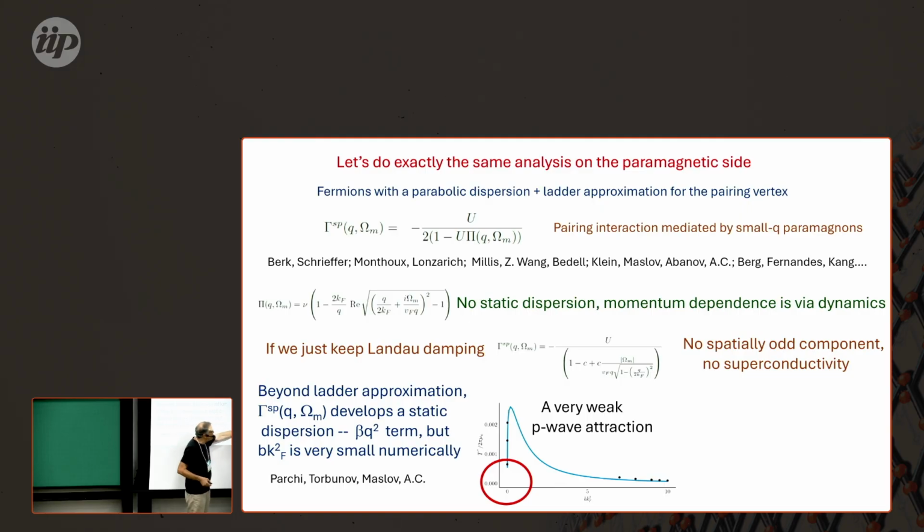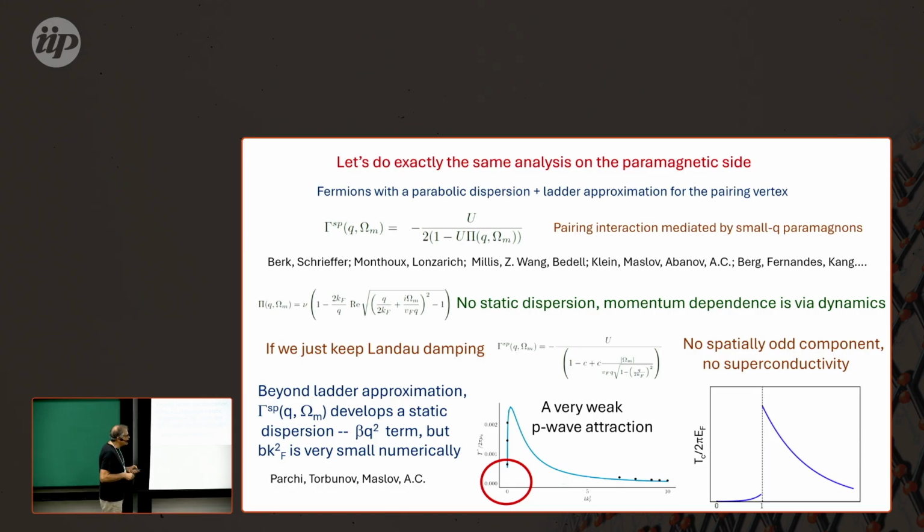By the way, the dots here are the result of numerical calculations. The line is analytics, which means that numerics and analytics are not bad. And there is a relation to the gamma model with gamma equal to 2 here, which is all wonderful. But at the end of the day, this is what you get: almost nothing in a paramagnetic phase and much larger superconductivity in a ferromagnetic phase.